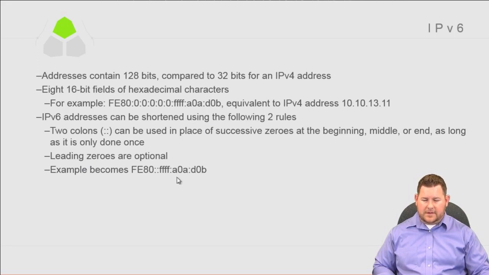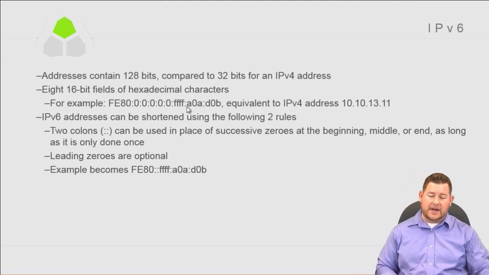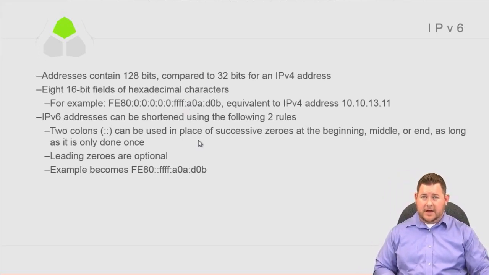Dan has pointed out, if you look at the chat window, the 0A0:0D0B. The leading zeros have already been eliminated here, but that's a really good point. So I'll have to make a note to change that in the slides, because I want to be able to show that. So leading zeros obviously have been eliminated already from this, is what Dan is saying. So good catch on that. I appreciate that.